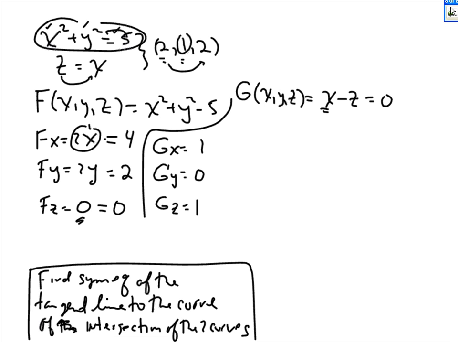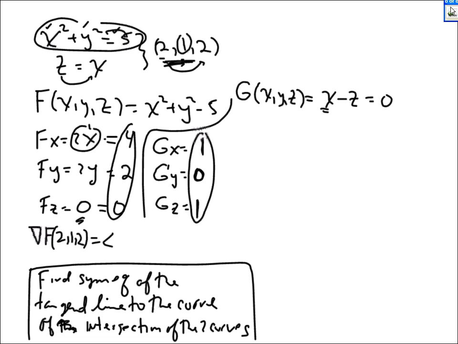And since these are not functions of x, y, z, even at this point, g sub x is 1, gy is 0, g sub z is negative 1. So, on that note, we have that the gradient of f at 2, 1, 2 is 4, 2, 0. And the gradient of g at our famous point is 1, 0, negative 1.